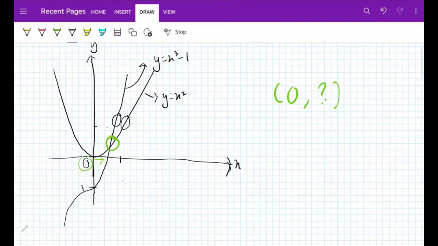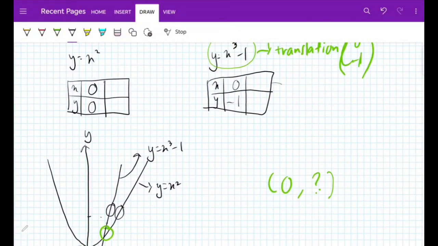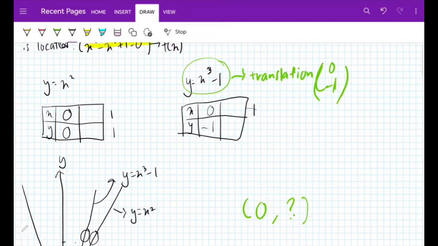Let's say we use x value as 1. For the quadratic graph, y is also 1. We do the same thing for the cubic graph: here is 1, but then here will be 0. From this we know that the y value for the cubic graph is lesser than for the quadratic graph, so this cannot be the other value of our interval. It should be higher. So let's use 2 instead. Use 2, y will be 4.